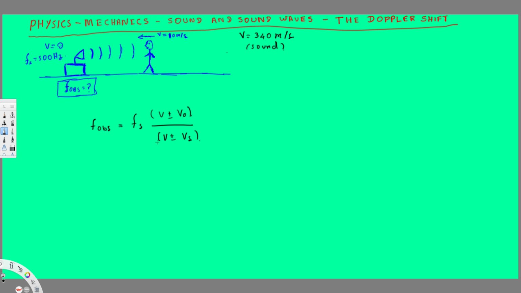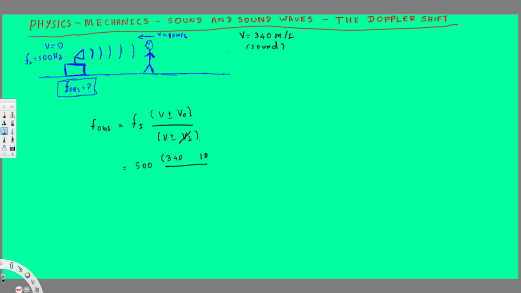So this is the equation we are going to use, and we know that fs is 500 hertz, so we can plug in all the values. 500 hertz, and the velocity of the sound is 340, and the velocity of the observer is 10 meters per second. In the bottom, v source, this is not moving, so 0, it is stationary, right?